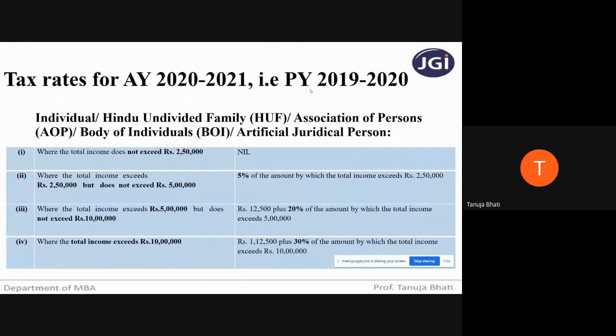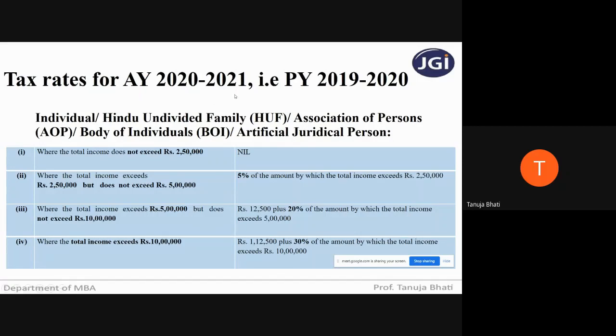Therefore, the applicable previous year for you all which is completed is 1st April 2019 to 31/3/2020. Therefore, the assessment year for previous year 1920 will be 2020-2021. So in your examination, they may ask the calculation of tax payable for the assessment year 2020-2021.